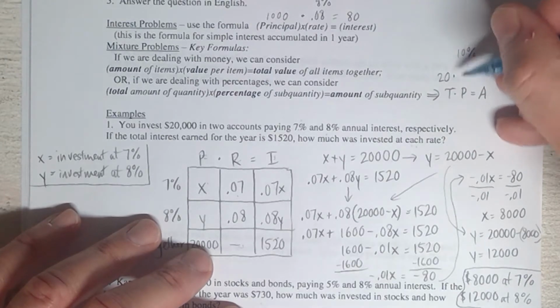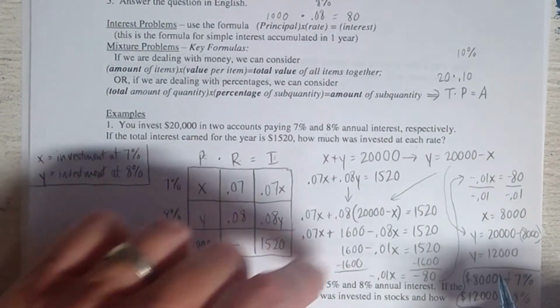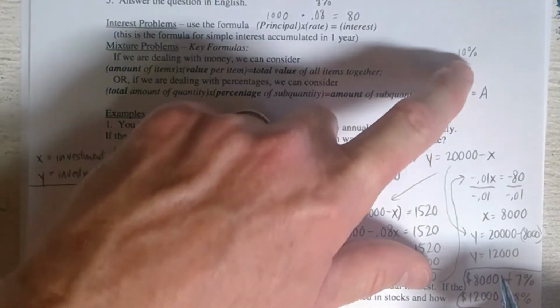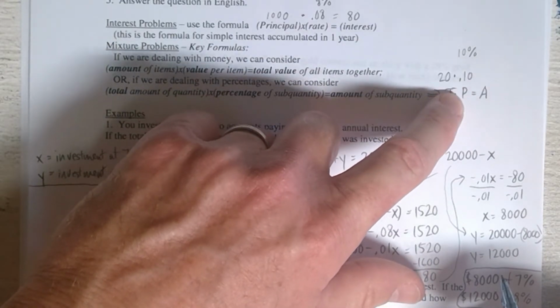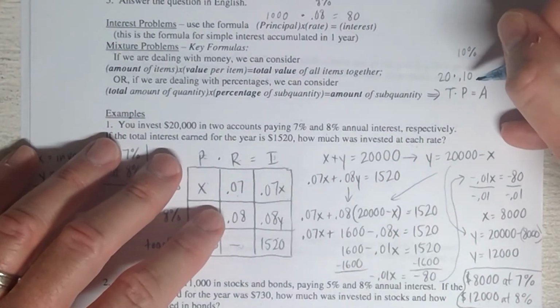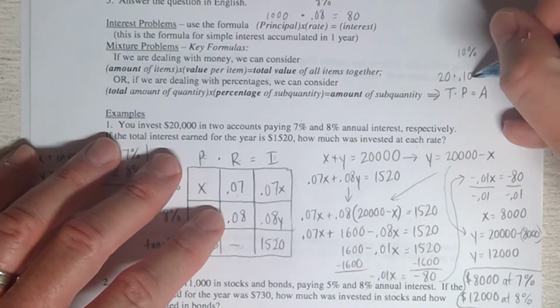If you convert that to a decimal, that would be 0.10. So the total amount in the entire beverage would go here. The percentage of the subquantity, which in this case is alcohol, is going to be 10%. So you convert that.